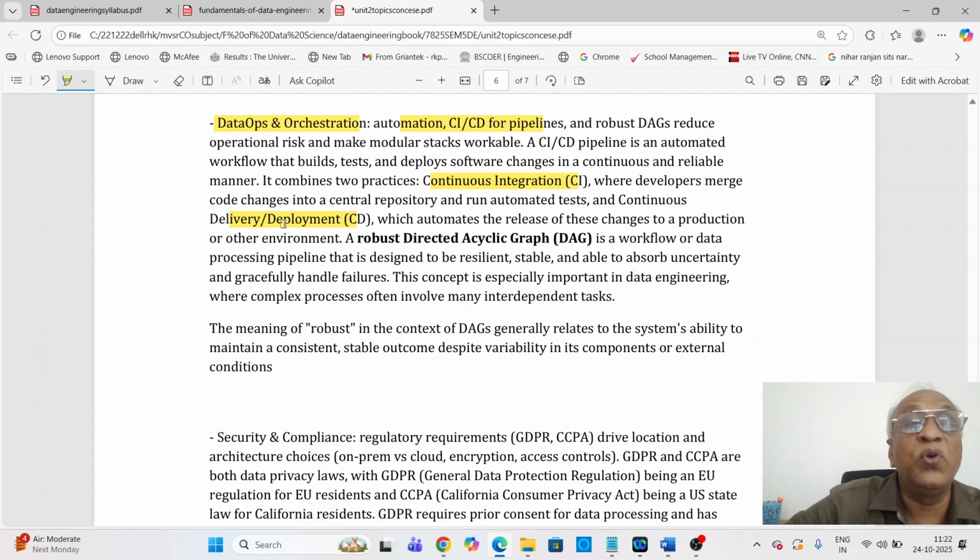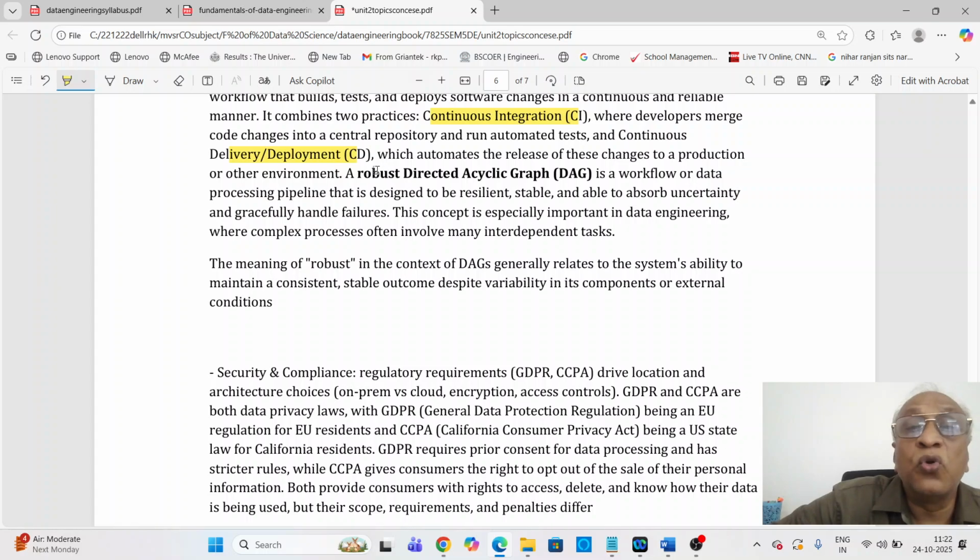So what they will be doing is automating the workflows in a continuous and reliable manner. What is a robust DAG? It's a workflow or data processing pipeline that is designed to be resilient, stable, and able to absorb uncertainty. So basically, it will be handling failures.